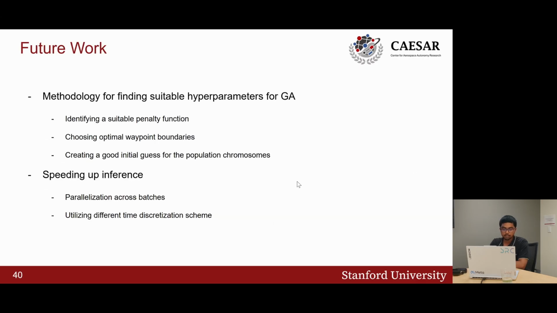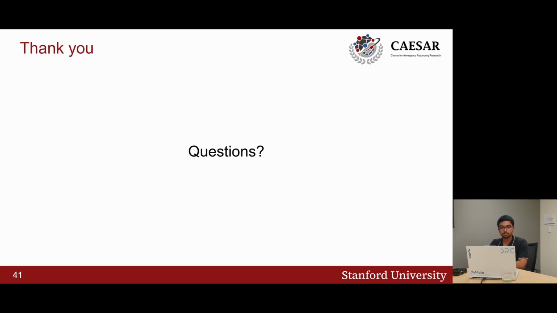So that is one of the main things to do. On the side, there are other things which can be done, like speeding up the inference so that we can do more testing very quickly, and that involves parallelization using different time discretization schemes, etc. So that's about it.